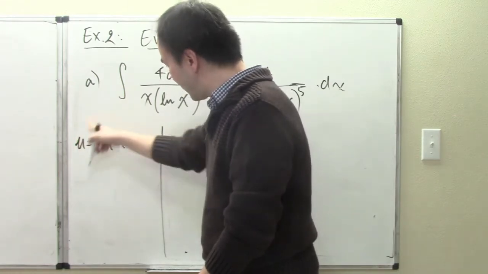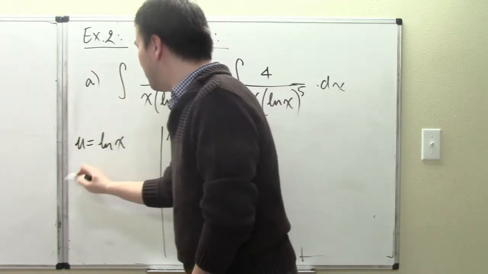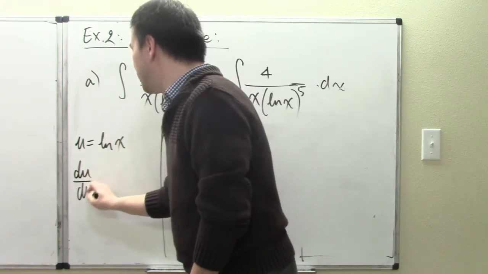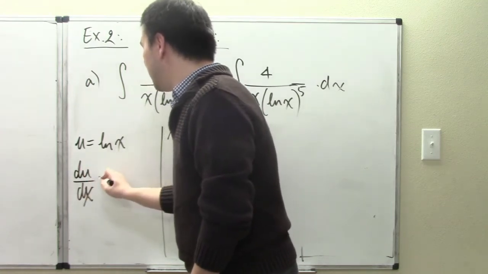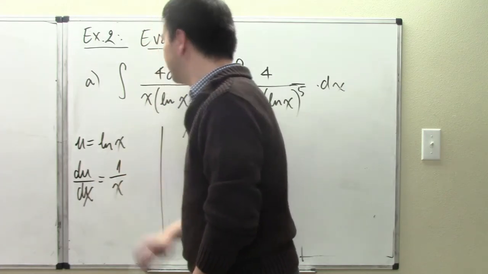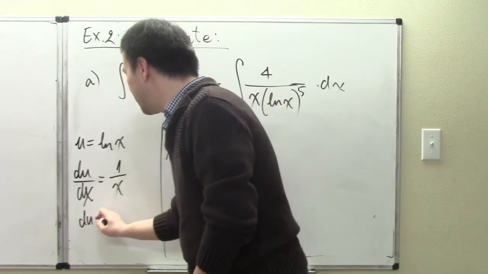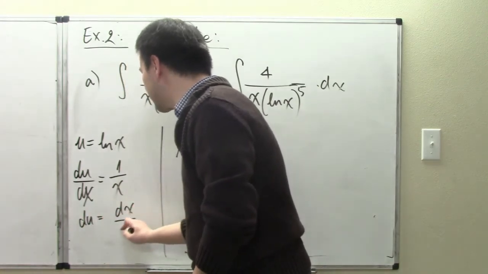And so after making this substitution, we can go for du/dx, which equals 1 over x. That's just the derivative. And so solving for dx, du equals dx over x.